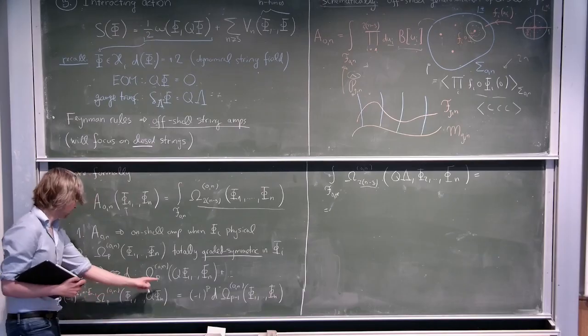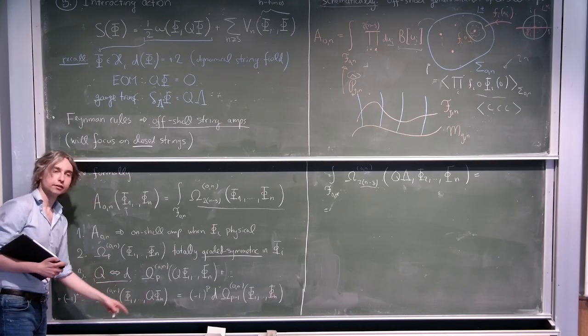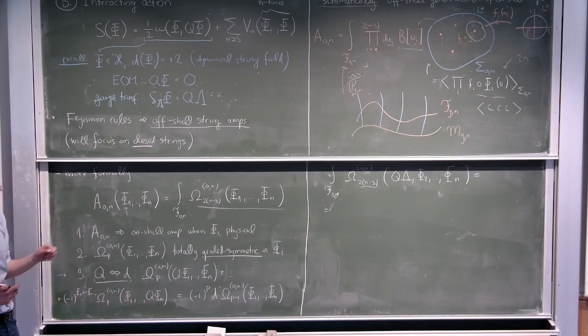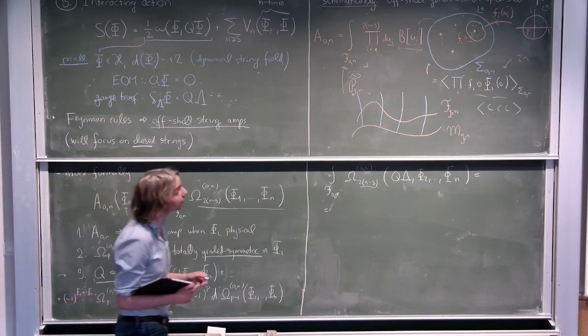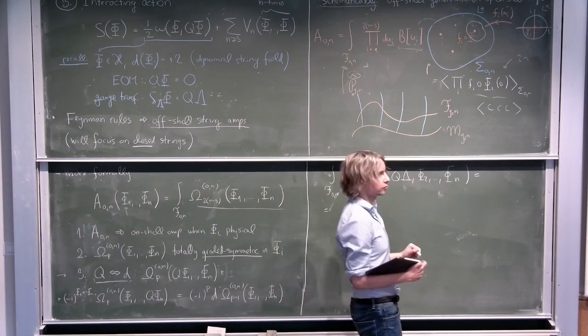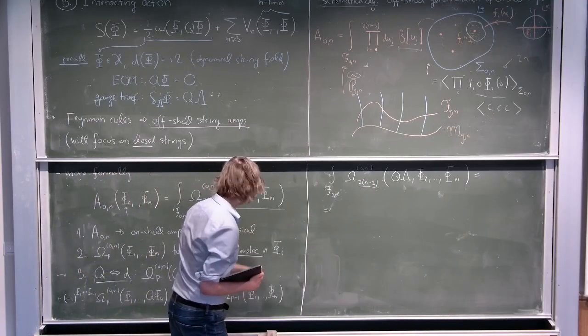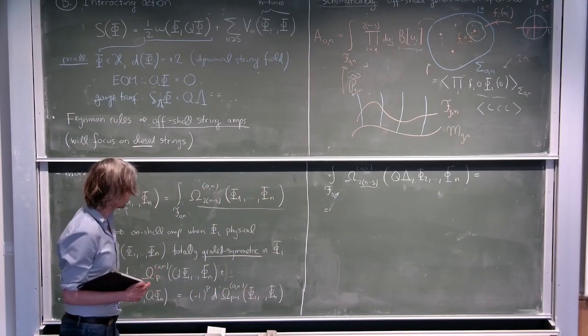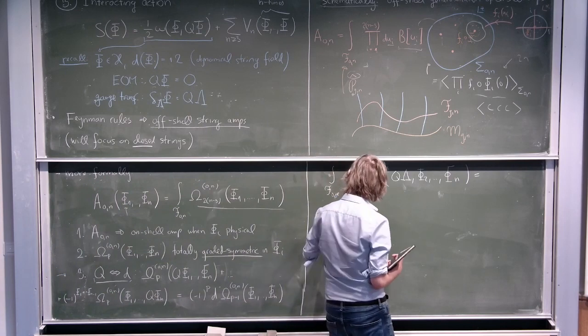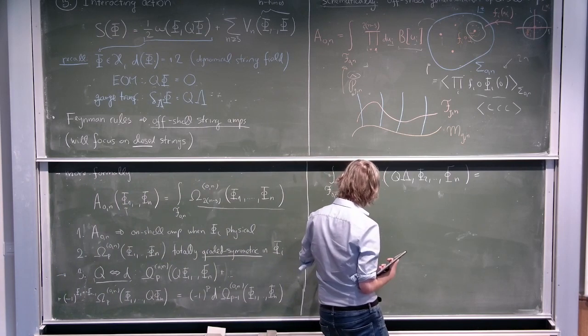In the other terms there is Q acting on the other insertions, but these contributions are all 0 because I'm assuming that these states are physical, so they will be killed by Q, right? So this is directly equal to whatever we have on the right-hand side. So we have an integral of 0 n.